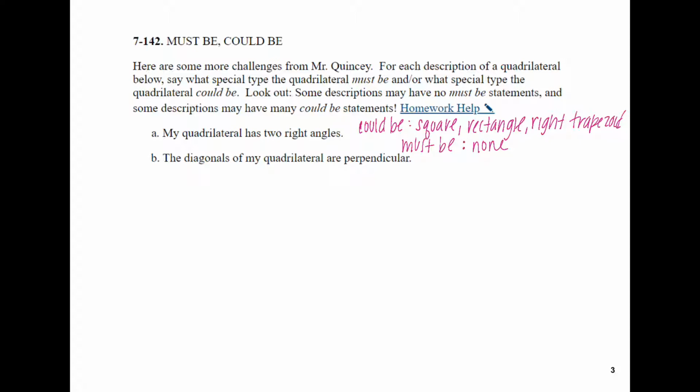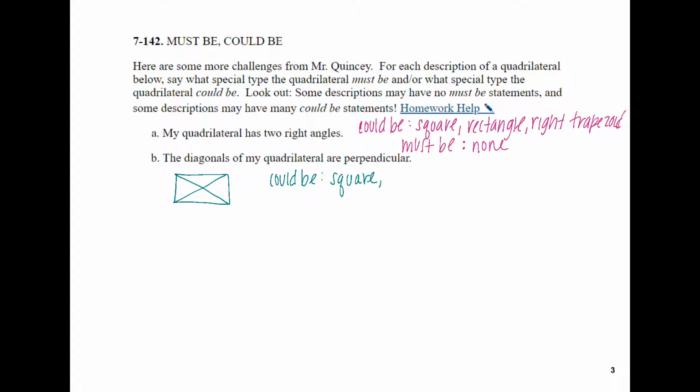Looking at B, the diagonals of my quadrilateral are perpendicular. So if we are talking about a 4-sided figure and our diagonals being perpendicular, I can think of a couple things that it could be. The diagonals are perpendicular on a square.